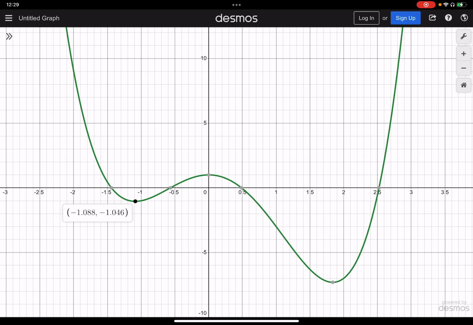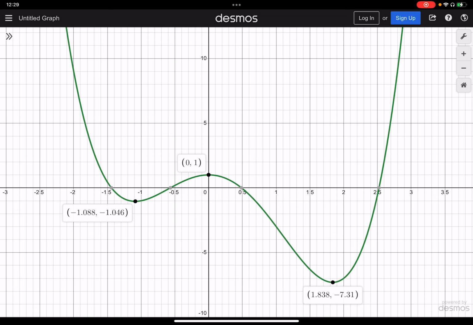Here's a relative minimum value at negative 1.09, negative 1.05 for y. And then we have another relative minimum value down here at positive 1.84, negative 7.31 for the y. And then we have a maximum value here at 0, 1.